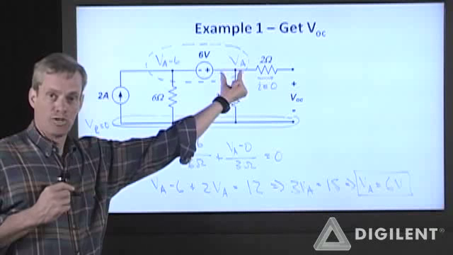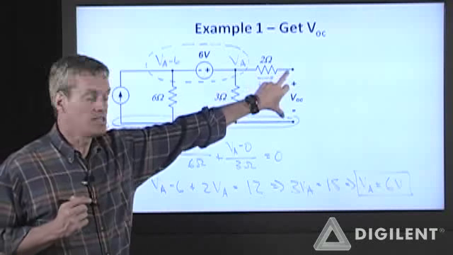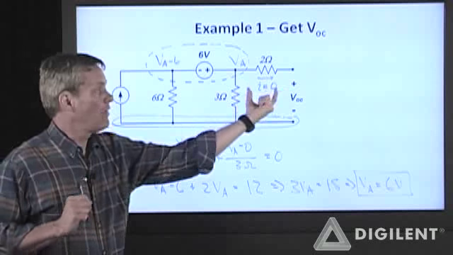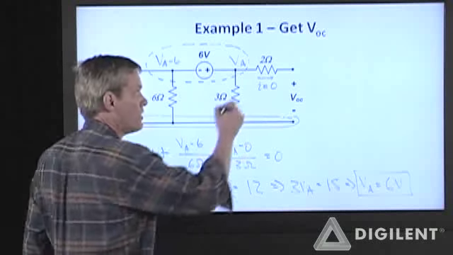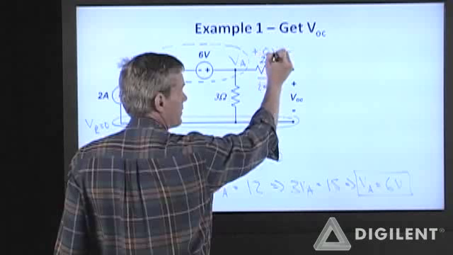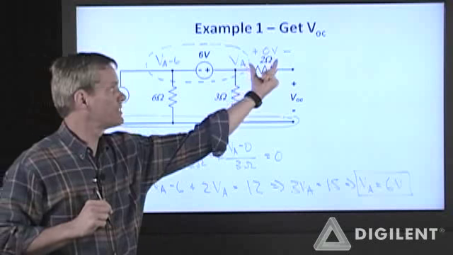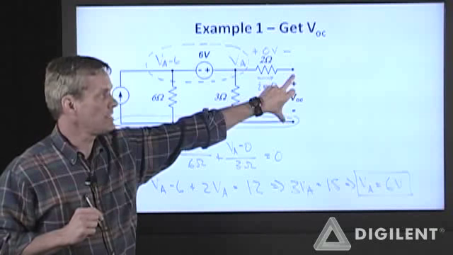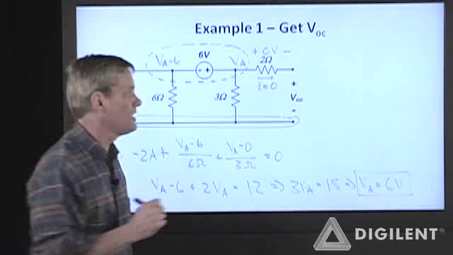That's given me this node voltage. What I need is VOC. However, since the current here is 0, the voltage drop across this 2 ohm resistor is 0 volts, and VA is equal to VOC. So the open circuit voltage is just VA, which is 6 volts.